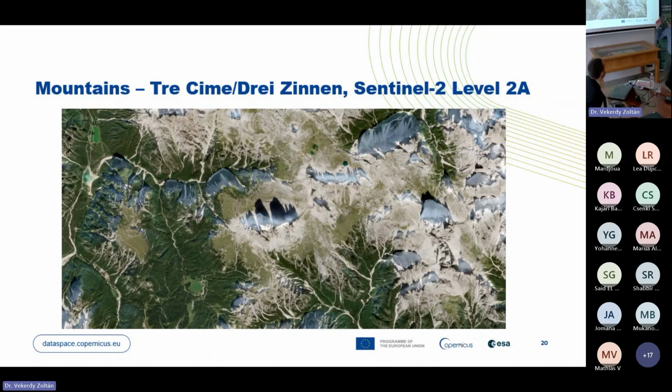Those who followed courses with me already heard about atmospheric correction and heard about top of the atmosphere reflectance and ground or bottom of the atmosphere reflectance. And please remember the level 2 preprocessing is resulting in a ground reflectance data.